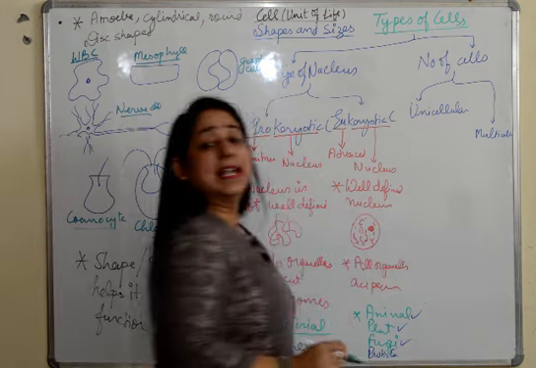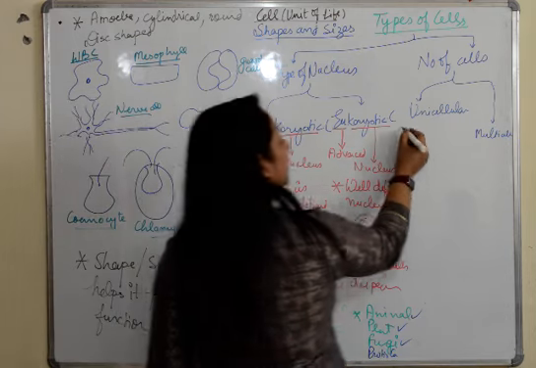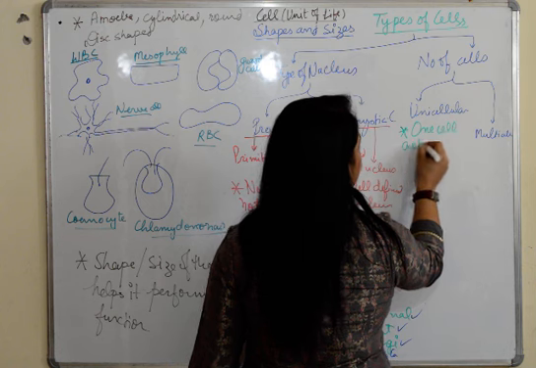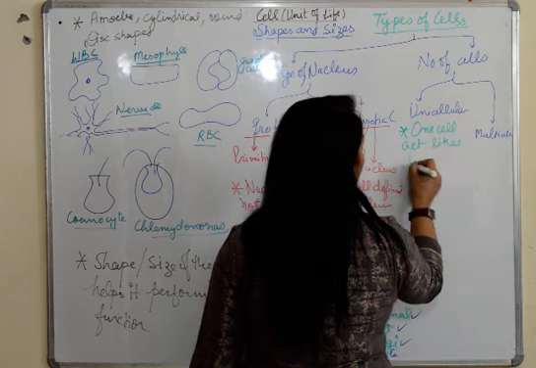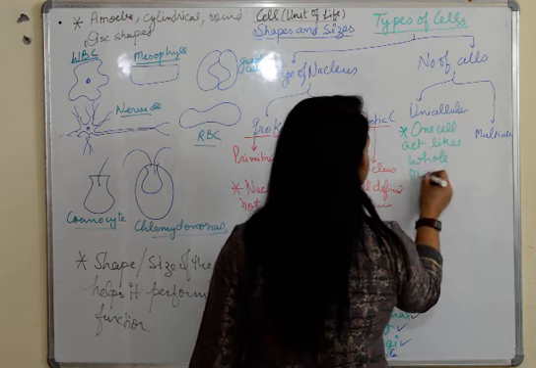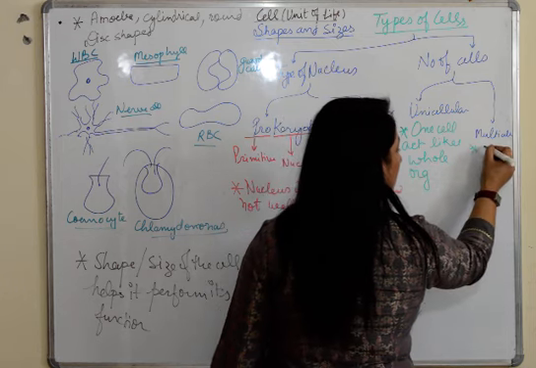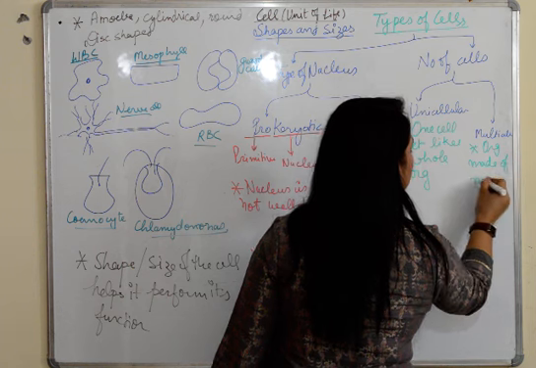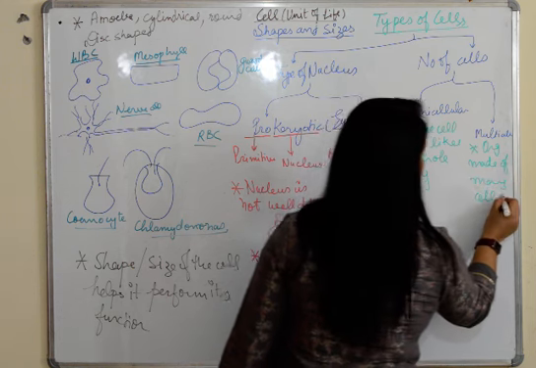Uni and multicellular organisms. Unicellular organisms have only one cell acting like the whole organism. Multicellular organisms are made of many cells.